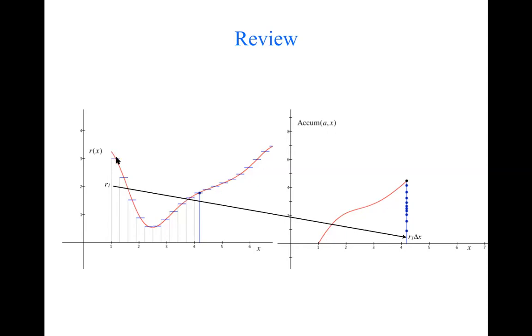So our first rate times the width of the interval gives us a small amount of accumulation. And so when I go one interval to the right, I should have a small amount of accumulation, which is this height here, a part of what contributes to the full height by the time I'm at this, generically chosen, slightly past 4. After I've done several intervals, I add all the pieces together, and each of these little pieces contributes to the overall height here.